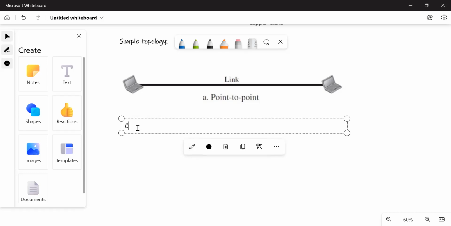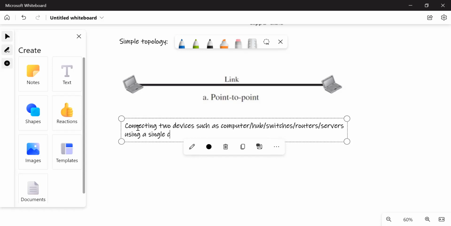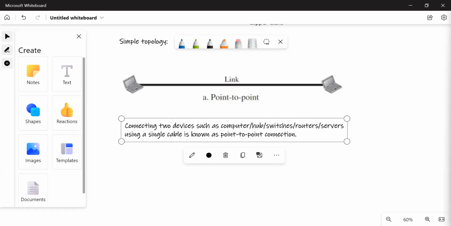So simply we can say connecting two devices such as computer, hub, switch, routers, servers using a single cable is known as point to point connection. Point to point connection.